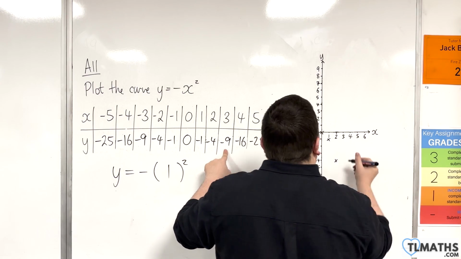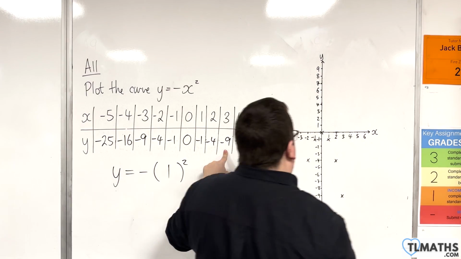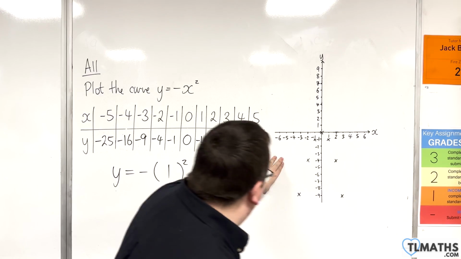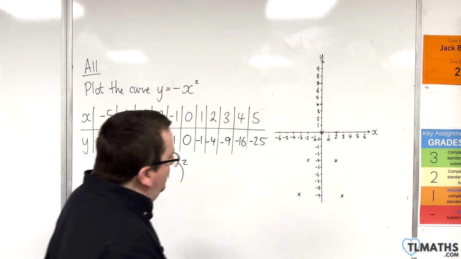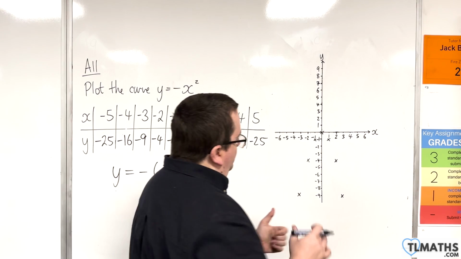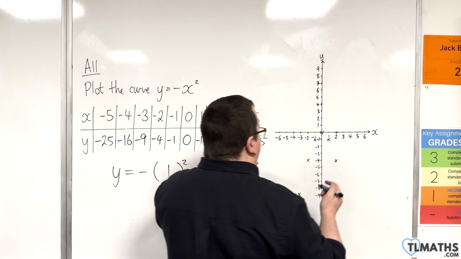About there. 3, minus 9. About there. So I'm looking at it going, have I judged that quite right? No, I'll be fine. Okay, so now we need to draw a nice neat curve that goes through these points.